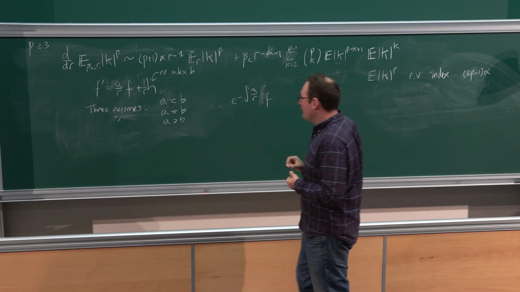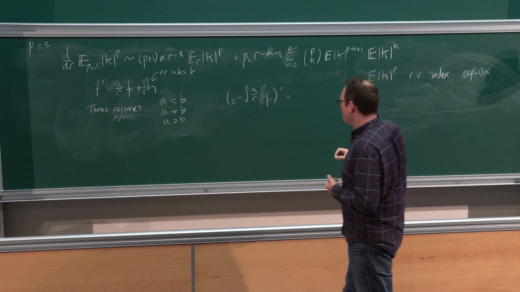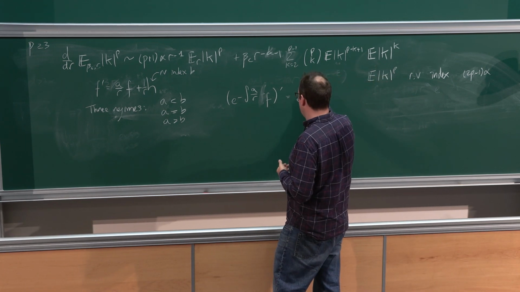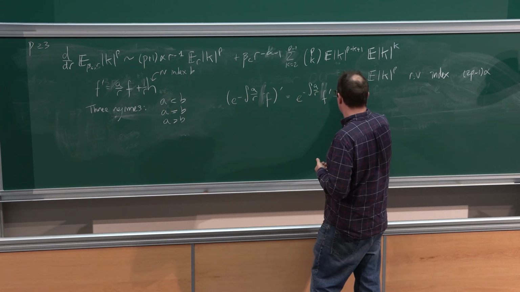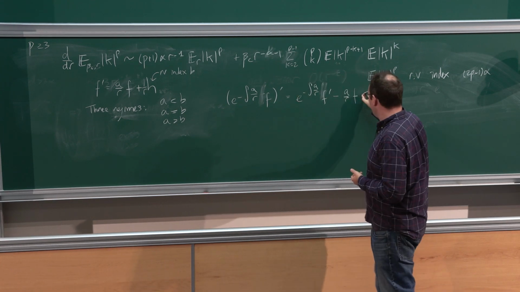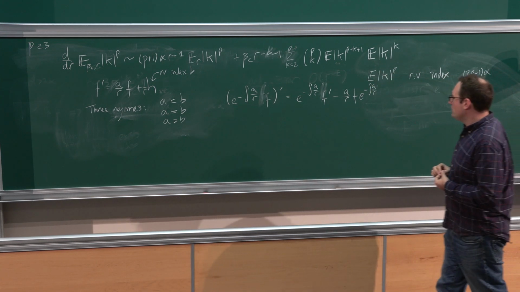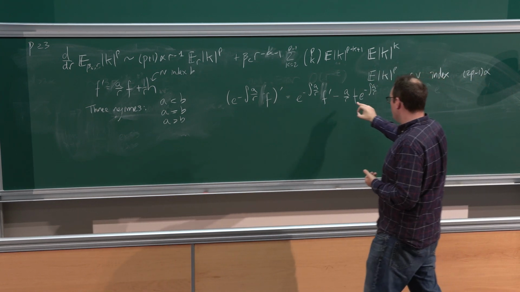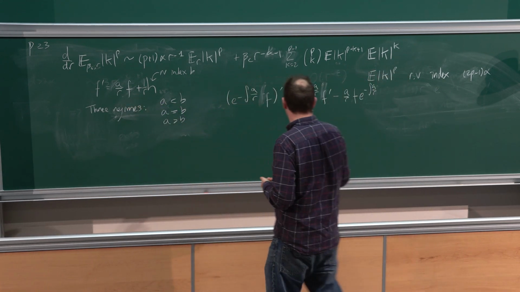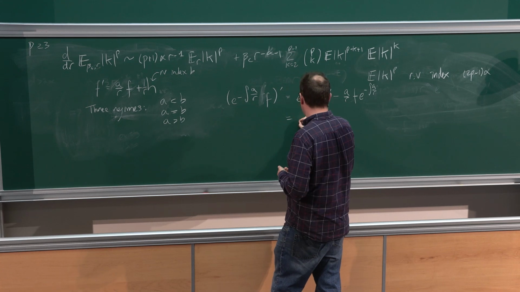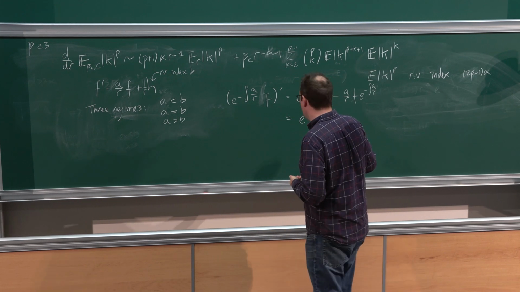Okay, and you differentiate this, you get, just using the product rule, f prime minus a over r f. Right? So the point is this term here cancels with this term in the derivative, so you get h over r.